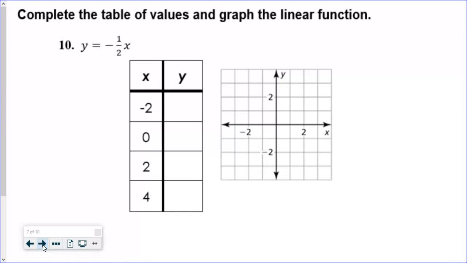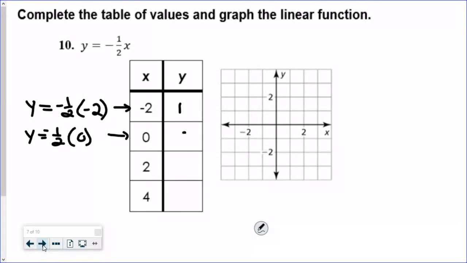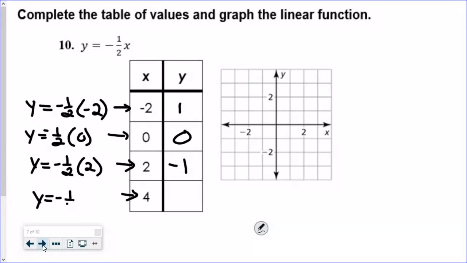Okay, same thing here. So now, when I put a -2 in, y equals -1/2 times -2, that should give me 1. y equals -1/2 times 0 is 0. y equals -1/2 times 2 gives me -1. And y equals -1/2 times 4 gives me -2.